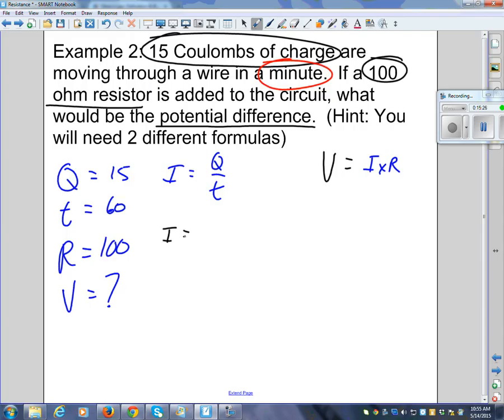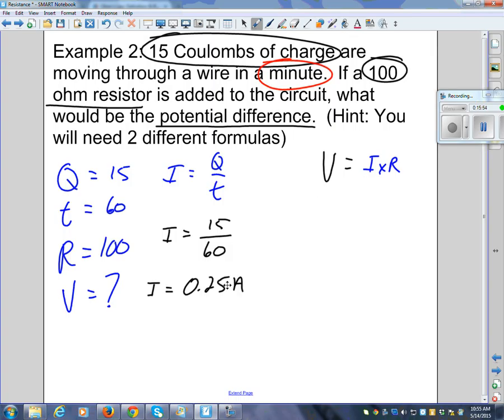I equals, what's my value for Q? 15. My value for T is 60. 0.25. 0.25 what? Amps. 0.25 amps, and what do I do with my 0.25 amps? I put it up in there for that I, because the I is the same.